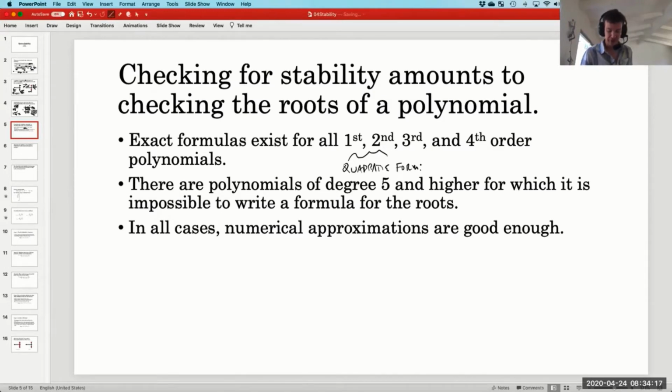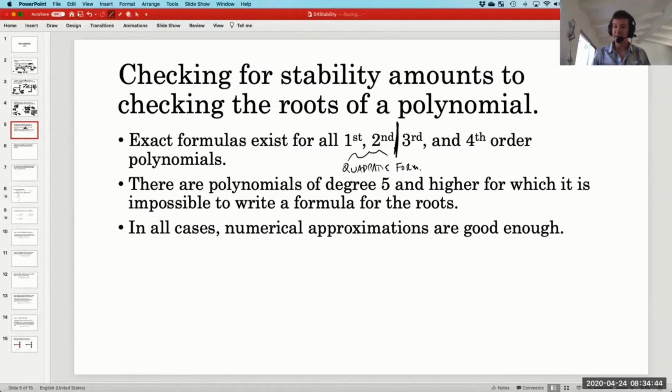For a third order polynomial, there is what's called a cubic formula, but it's pretty hairy. And for a fourth order polynomial, there is what's called a quartic formula, and it is obscenely difficult to write. So for practical purposes, for back of the envelope calculations, there are reasonable formulas for first and second order polynomials.